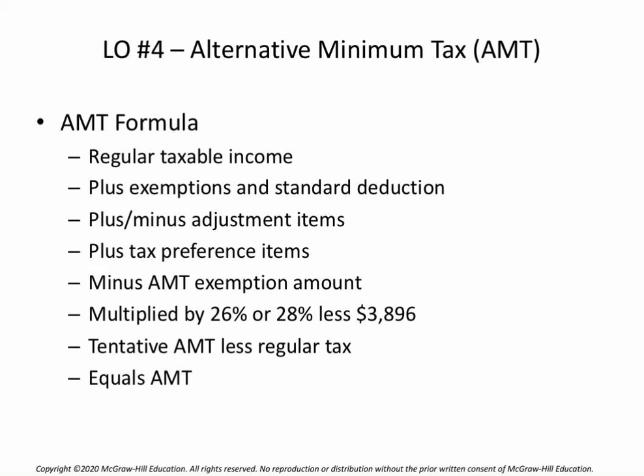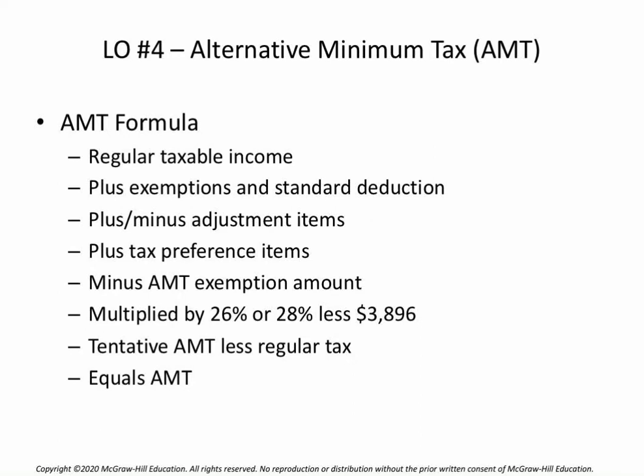Learning objective 4, alternative minimum tax. Now the alternative minimum tax is a tax that is going to be subjected to taxpayers in the event that the amount they otherwise would pay is below the threshold.